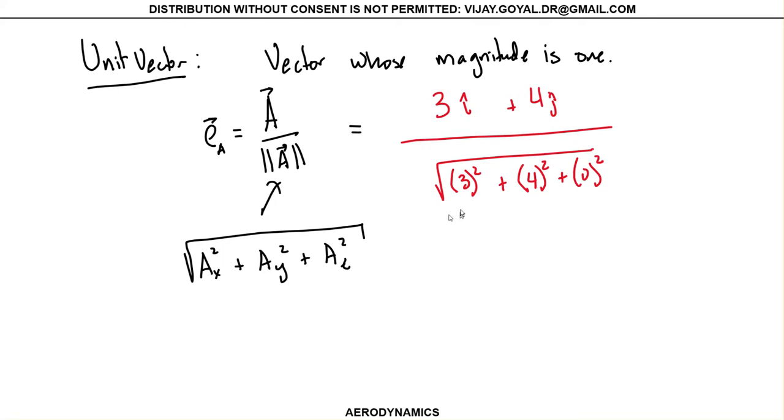So this gives you 16, 9, this is 25, the square root of 25 is 5. So this whole thing gives you 3i plus 4j divided by 5. Okay? This particular vector is a unit vector.